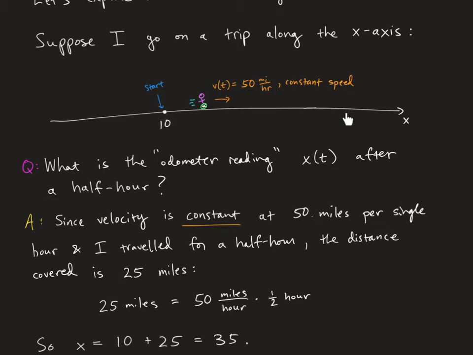So I'd end up at the 35-mile mark over here. And all we did really was we took that 50 miles per hour, 50 miles over hours, times the 1/2 hour. So the hours here cancel, and the 1/2 and the 50 becomes 25.